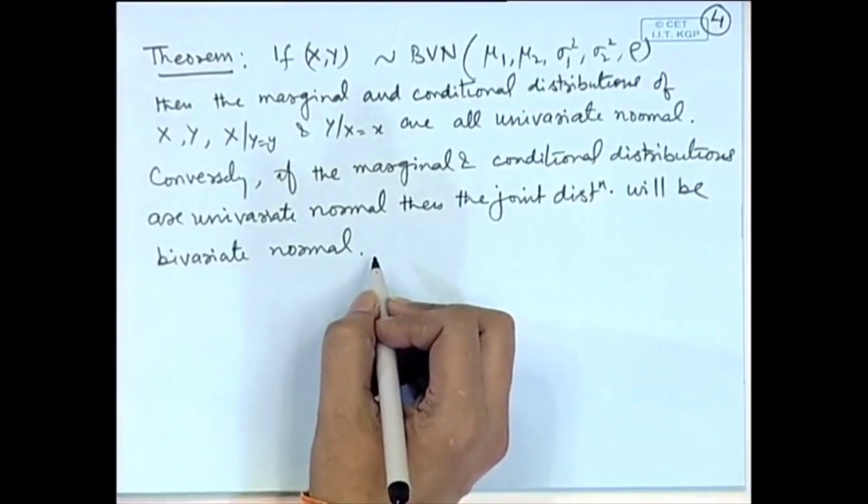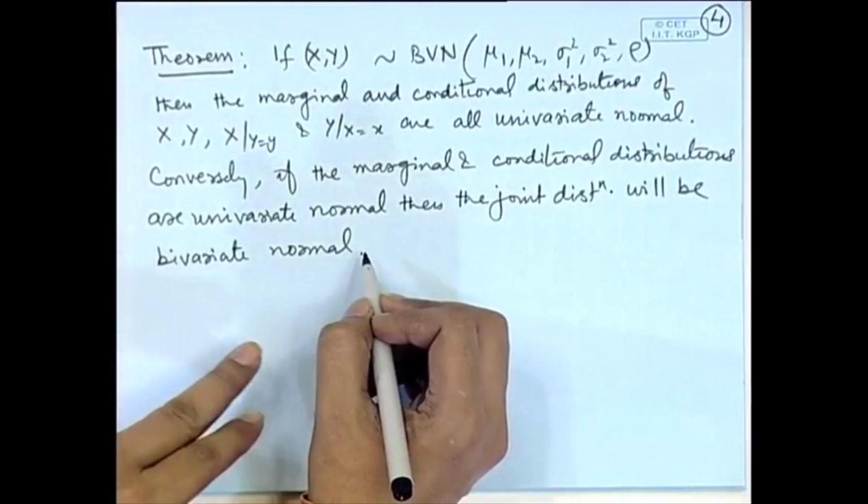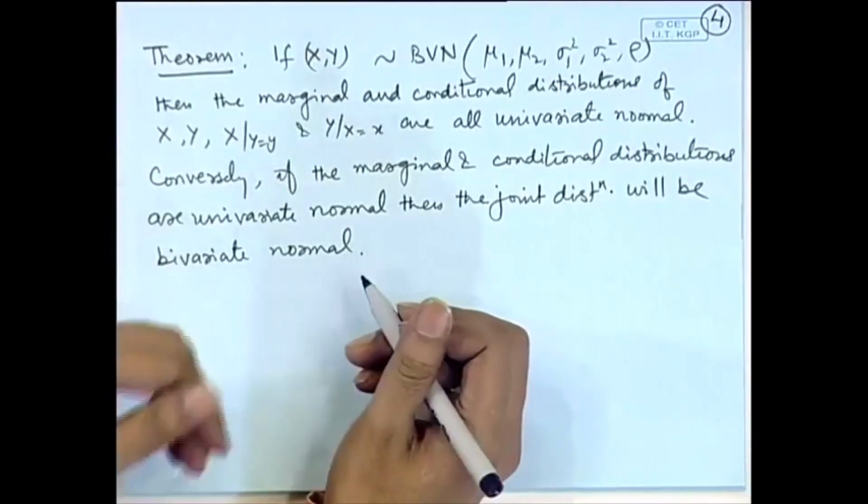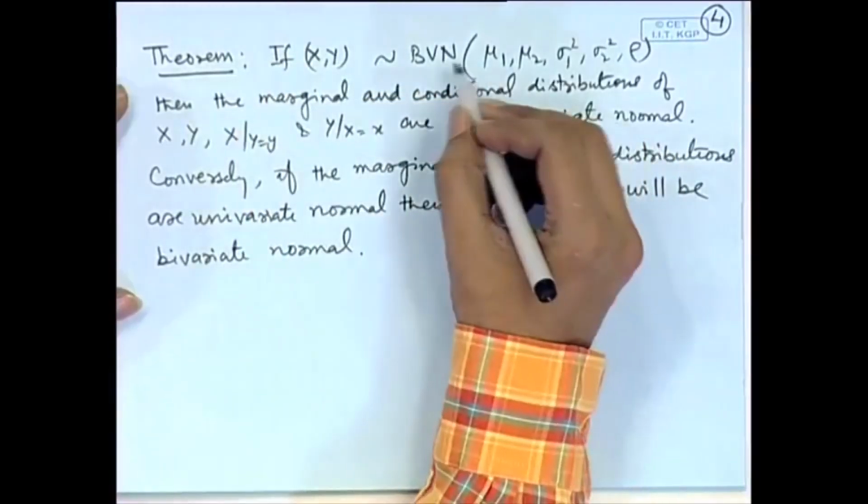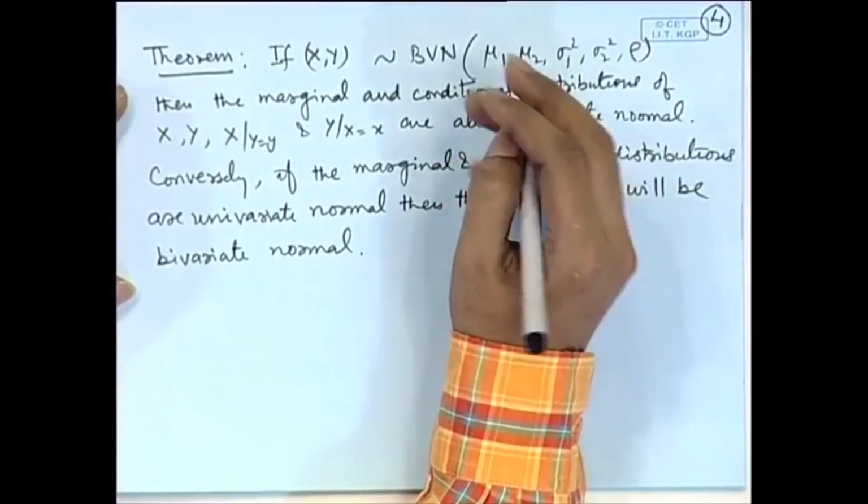So, this is quite useful in obtaining any probability related to the marginal or the conditional distributions of x and y, because we can make use of the standard normal distribution by making a suitable transformation. Any joint probability statement about the bivariate normal distribution will need the tables of a standard bivariate normal distribution.